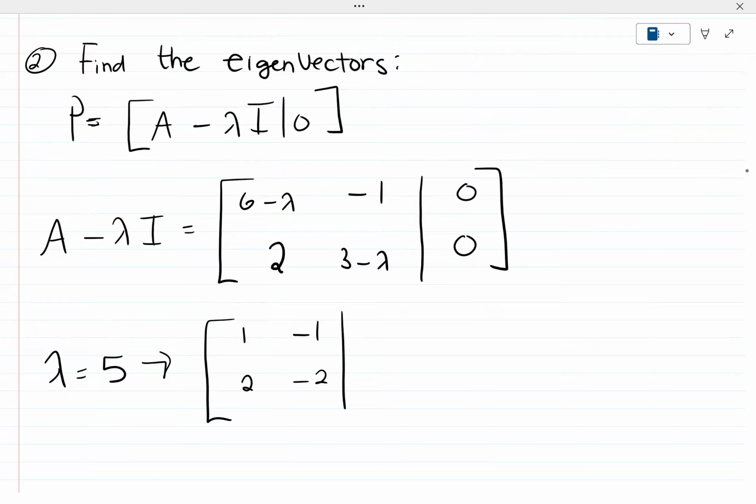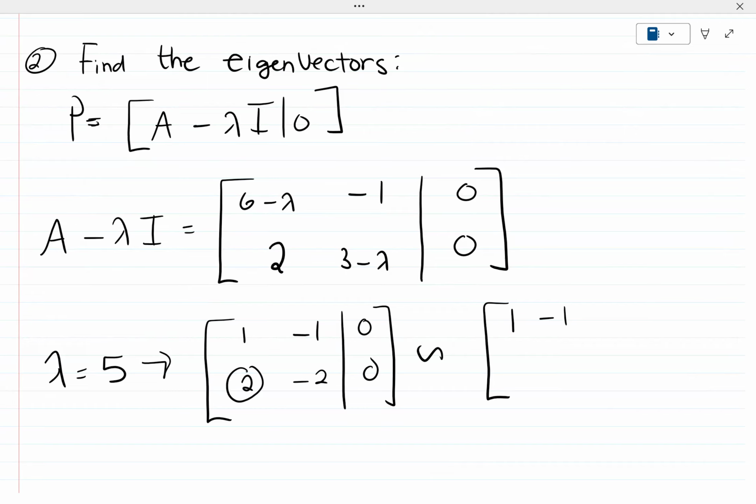Augmented with 0. So when you row reduce, maybe I want to get this 2 into a 0. I'm just going to put that in the calculator. You could simply put this in the calculator. This is what you're going to get.